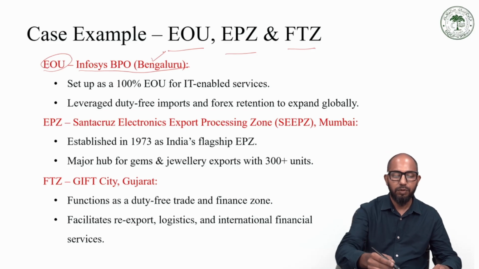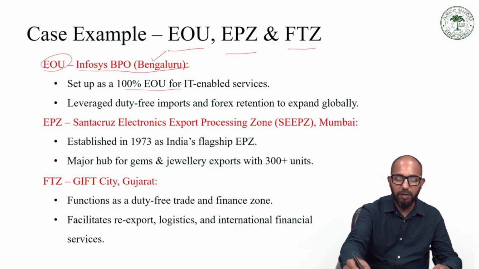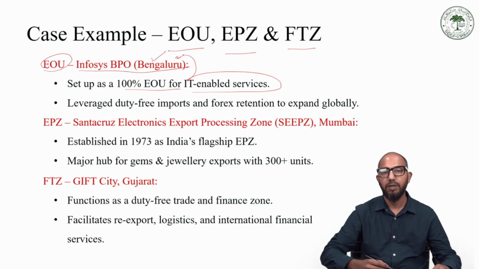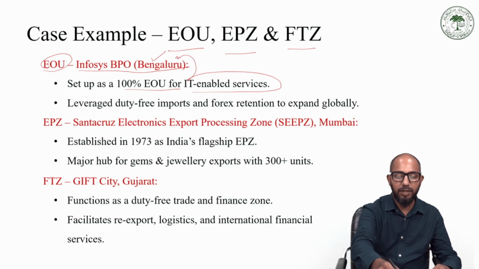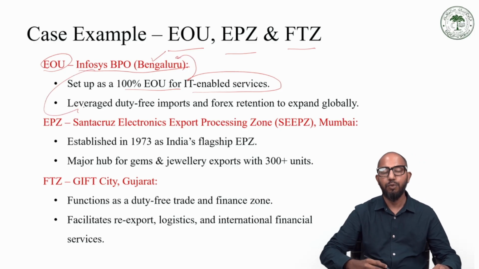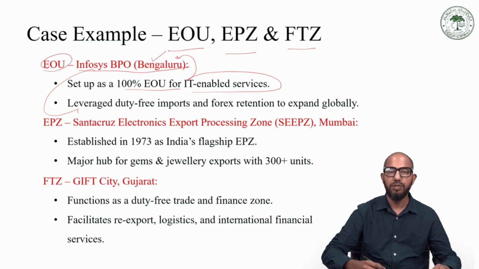Under EOU, there is a setup of 100% EOU for IT enabled services in Bangalore. Due to this, they have been able to leverage duty free imports and forex retention to expand globally.